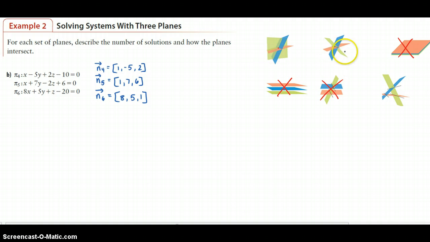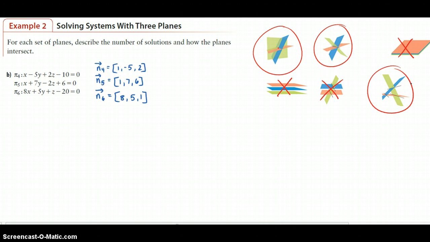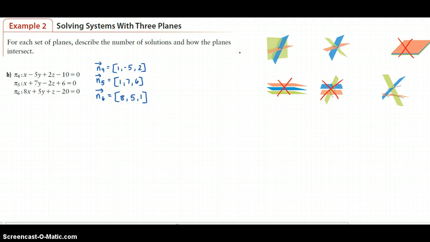And there's something that differs in each of these three. In option number one, the normals are not coplanar. But in options 2 and 3 here, the normals are coplanar. So I'm going to test if N4, N5, and N6 are in fact coplanar, and that will help me to eliminate another possibility.